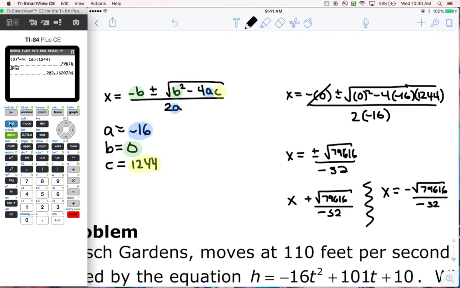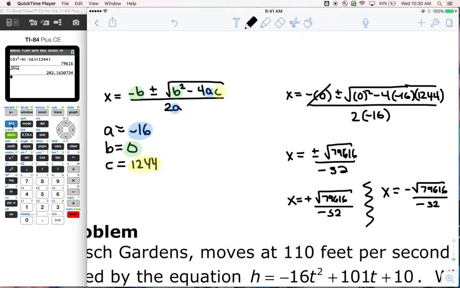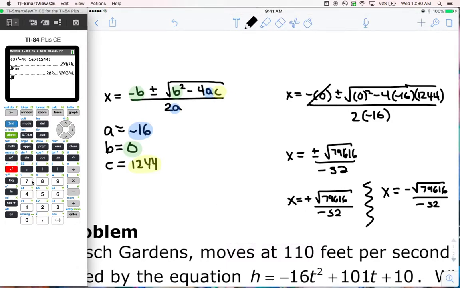So watch carefully. I'm going to do the one on the left first. I've got a positive square root of 79616, then click out of there, and divide by negative 32. And I get negative 8.82.